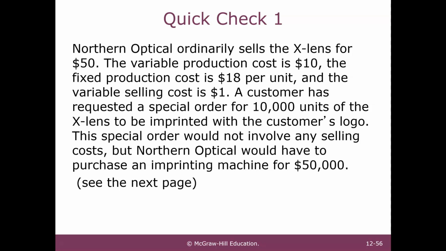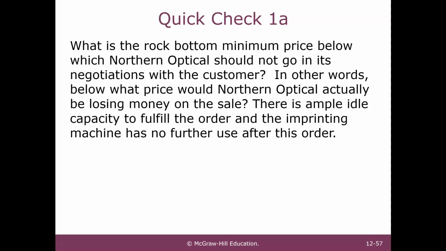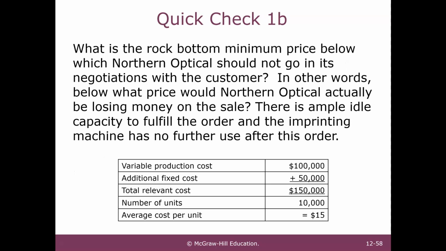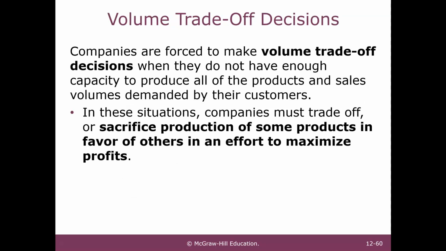And let's look at whether we can do that. The variable production cost is $100,000 plus the additional fixed cost that they would incur gives you the total relevant cost of $150,000. Divide that by the number of units, and then the average cost per unit is $15.